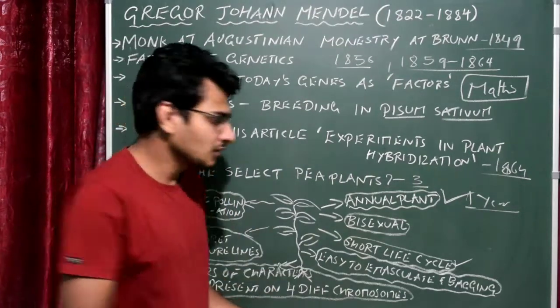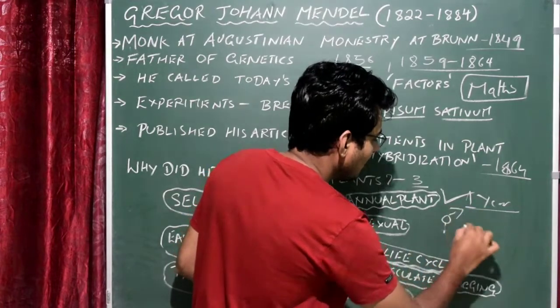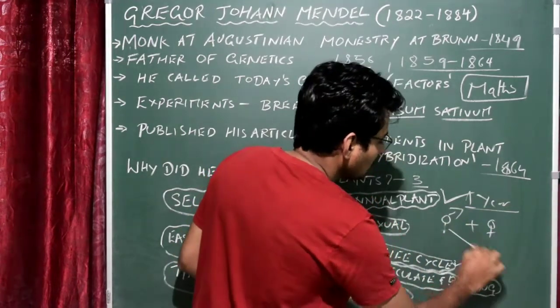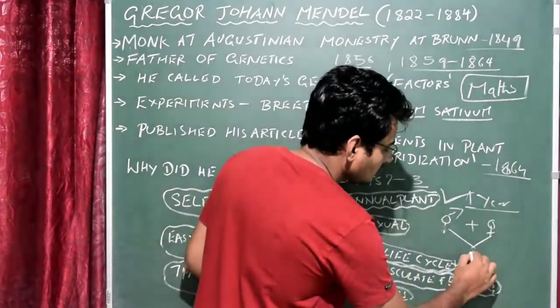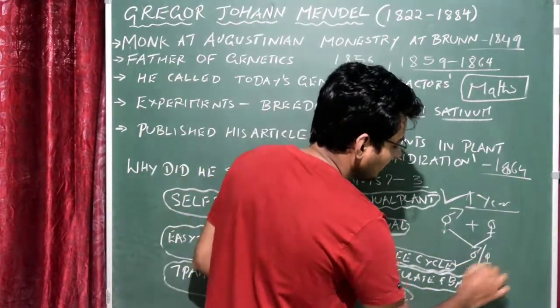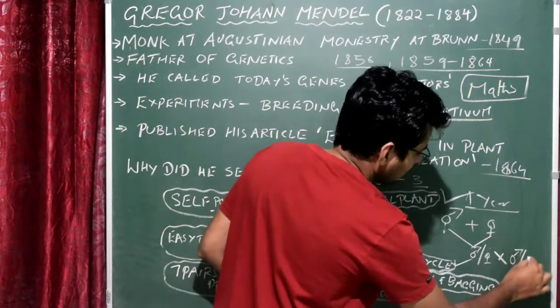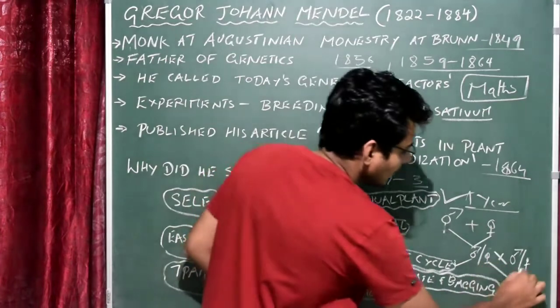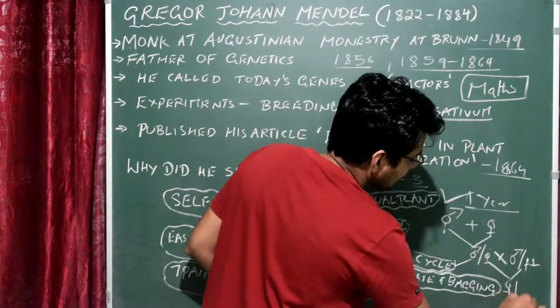For example, this is the male plant and this is the female plant. Due to hybridization, that is crossing or pollination, he would get offspring, which could be male or female. After that he would cross with another male or female, and again get a first generation, and then a second generation.